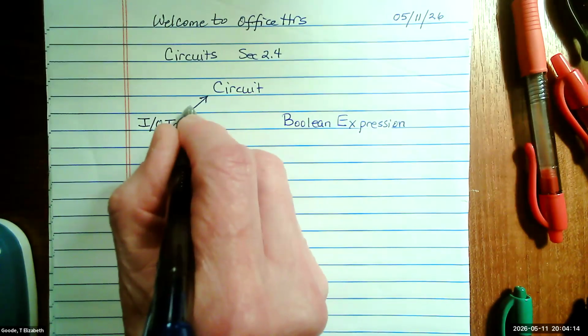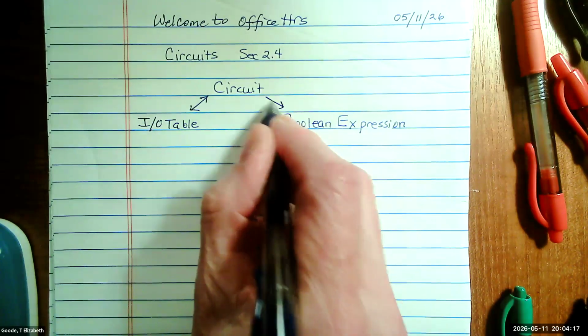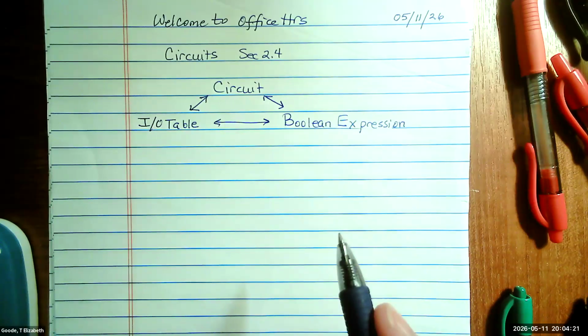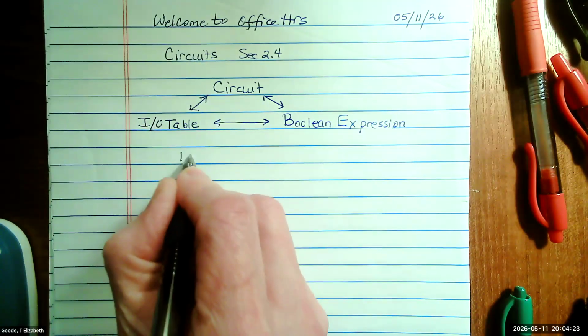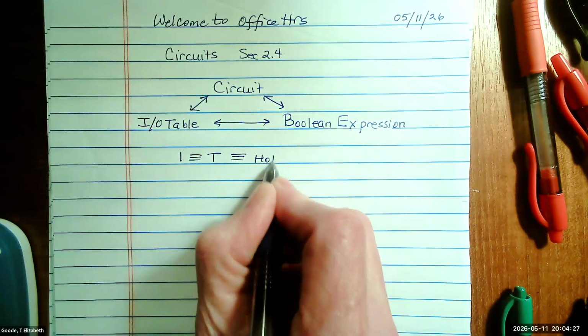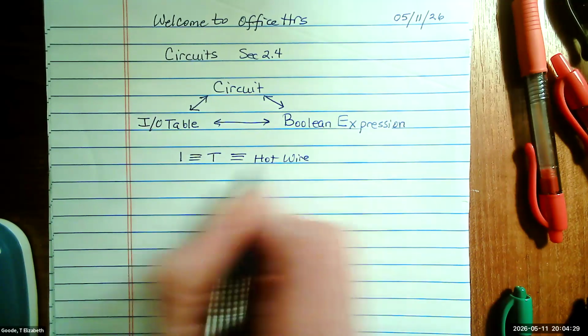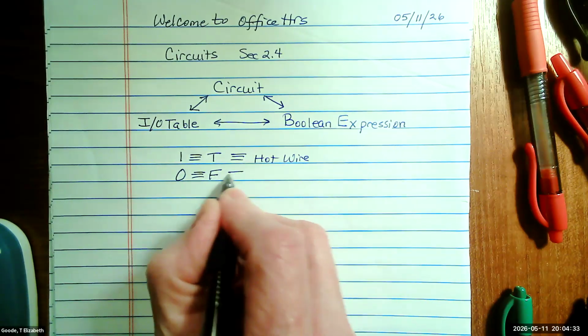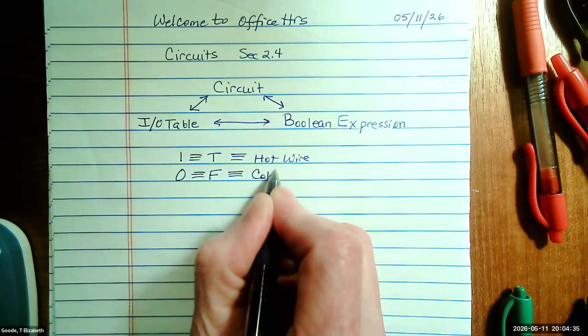And we want to be able to get from each of these to each of the other two, no matter what we're given. And 1 is true, and that's a hot wire. 0 is equivalent to false, and we think of that as a cold wire.